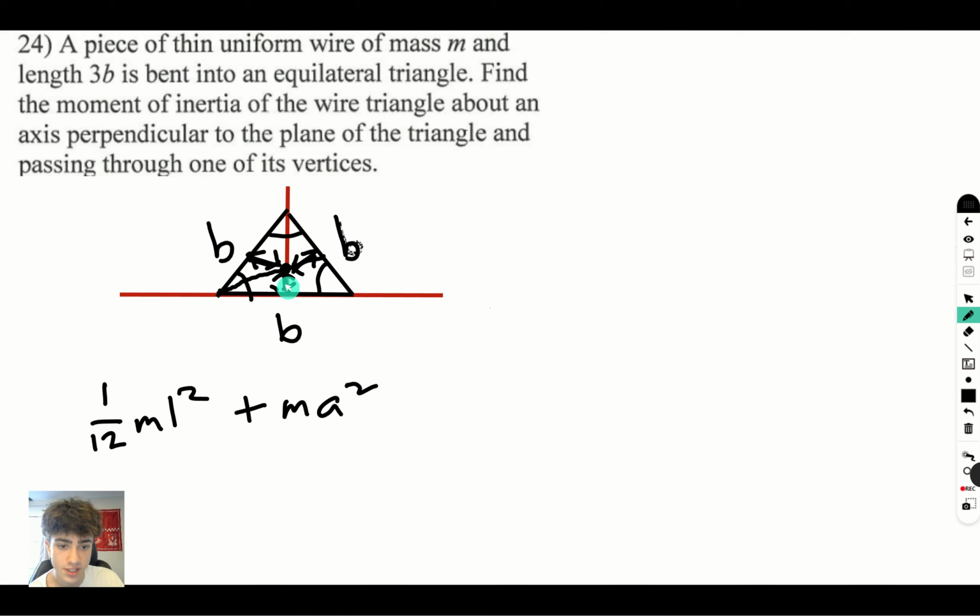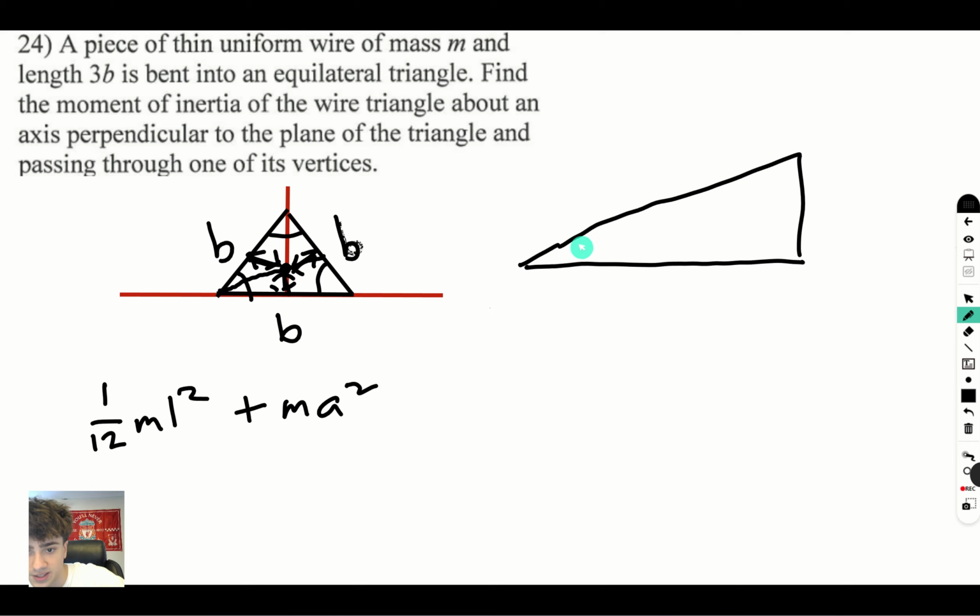So let's draw this small triangle. Here we go. It has an angle of 30 degrees and a height a. And since this entire length is going to be b and this length is half of that, we can set this length as b over 2.